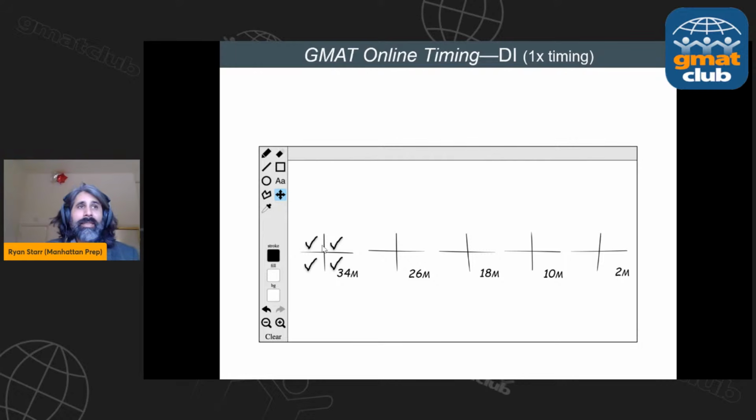Again, nowhere do I find this more necessary than in the data insights section. The time is hard there. I know some people breeze through it, but for a lot of people, timing is tightest in the data insights section. And so you really do want to go into it with a time management strategy that you've practiced and so can rely upon on test day. Okay.